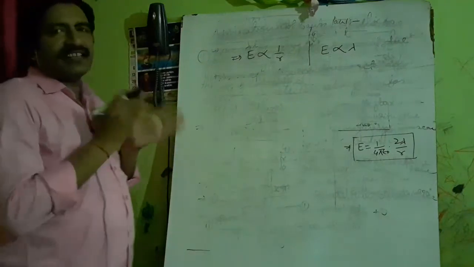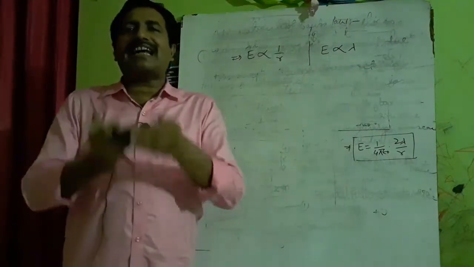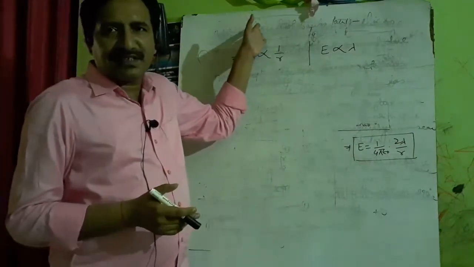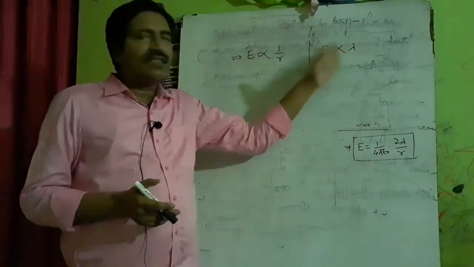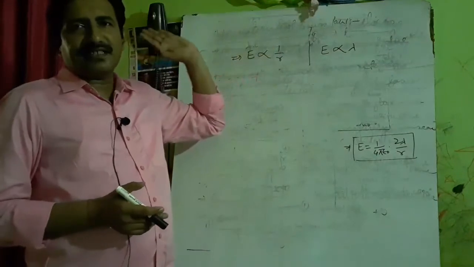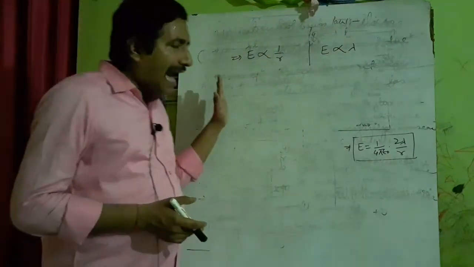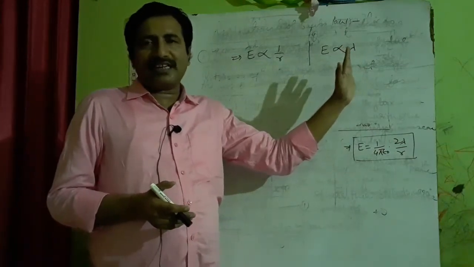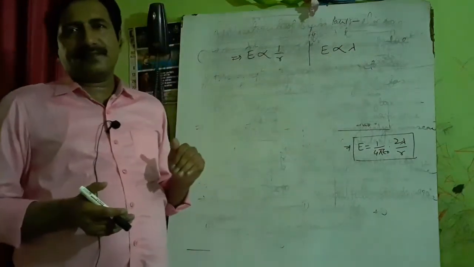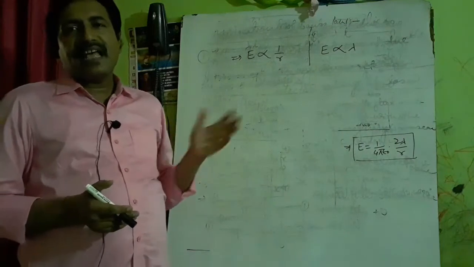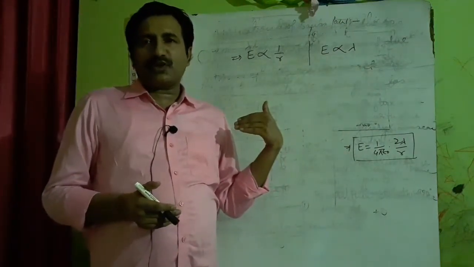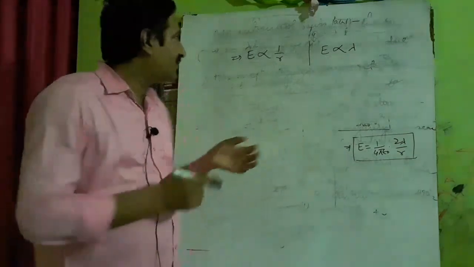Means if linear charge density, means charge per unit length, is increased, electric field intensity will be increased. If it is decreased, electric field intensity will be decreased. But if we move away from the linear charge distribution, electric field will decrease. And if we move towards the linear charge distribution, electric field will increase.